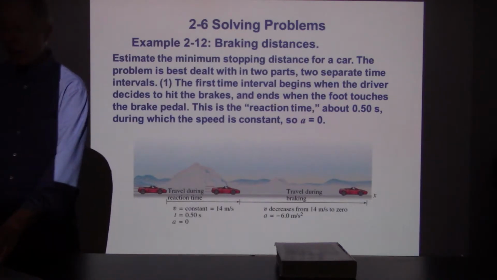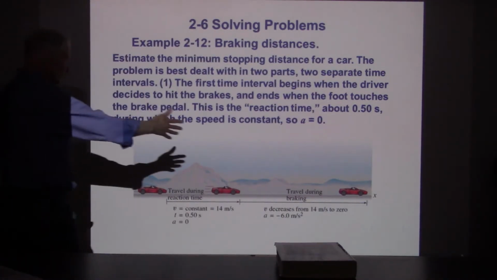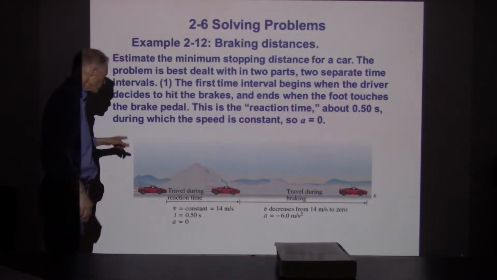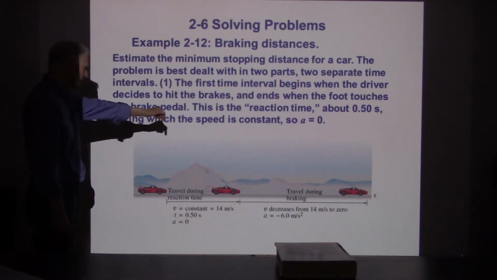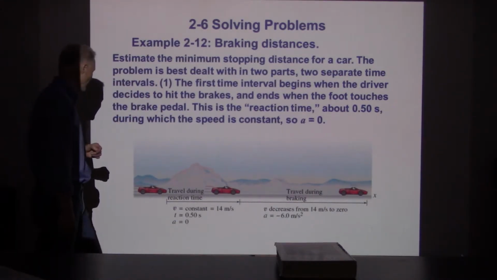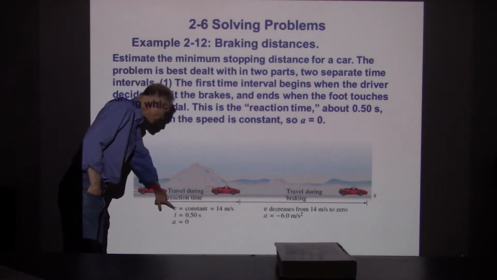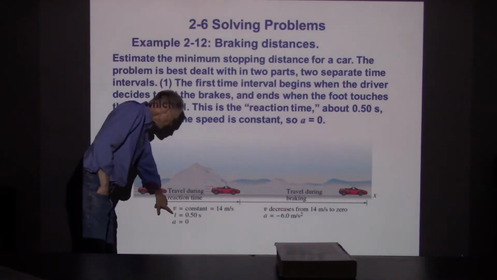All right, what about braking distances? How much distance will be required for this car to slow down and stop? Looks like it's out on the Utah Salt Flats or something, right? Racing along here. Let's see, so we're going to start with a velocity of 14 meters per second.